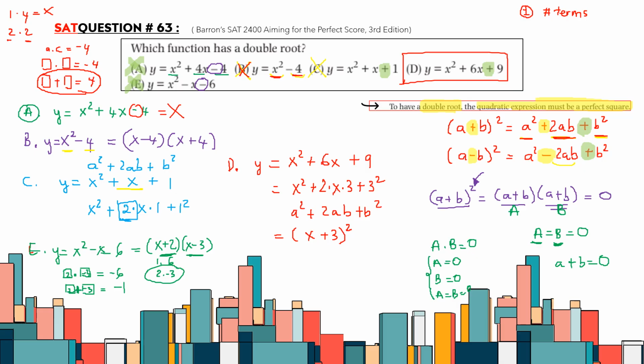The second one is the sign of b squared, because we want it to be positive. This part can be negative, can change, but the green part right here never changes. That's why we eliminate A and E.